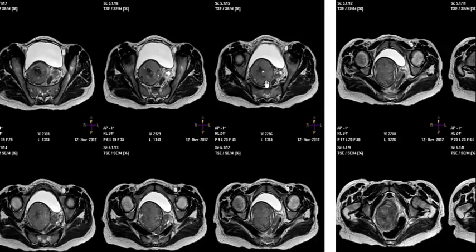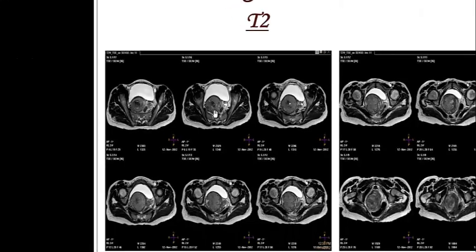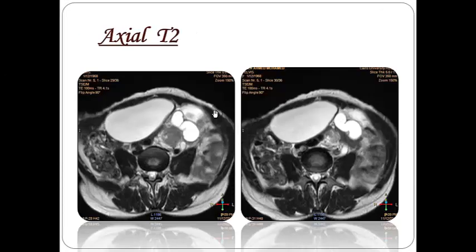In this part there is loss of the annulus of the cervix, so there is parametrial infiltration. This is the appearance of parametrial infiltration. So if we stick to this part, it will be stage 2B.